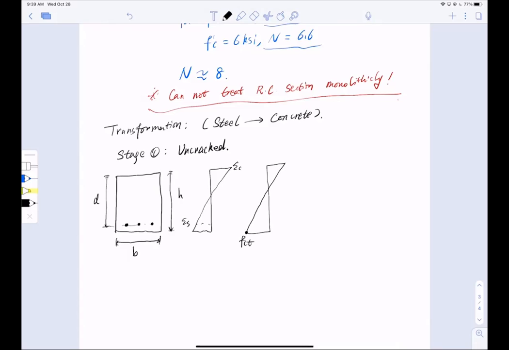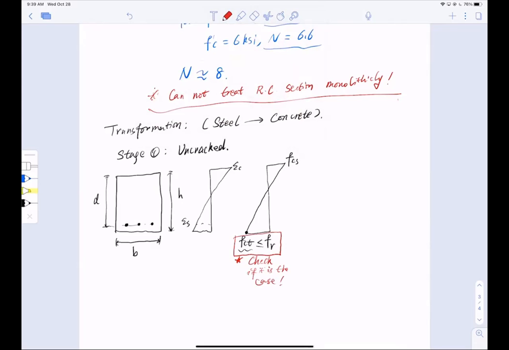So the stress at the bottom fiber has to be smaller than or equal to fr, the modulus of rupture for concrete. The top is just the compressive strength of concrete, usually we don't have to worry about it. It is this criterion we have to check, because if it's not the case, we cannot assume it's an uncracked section and we cannot do the transformation.